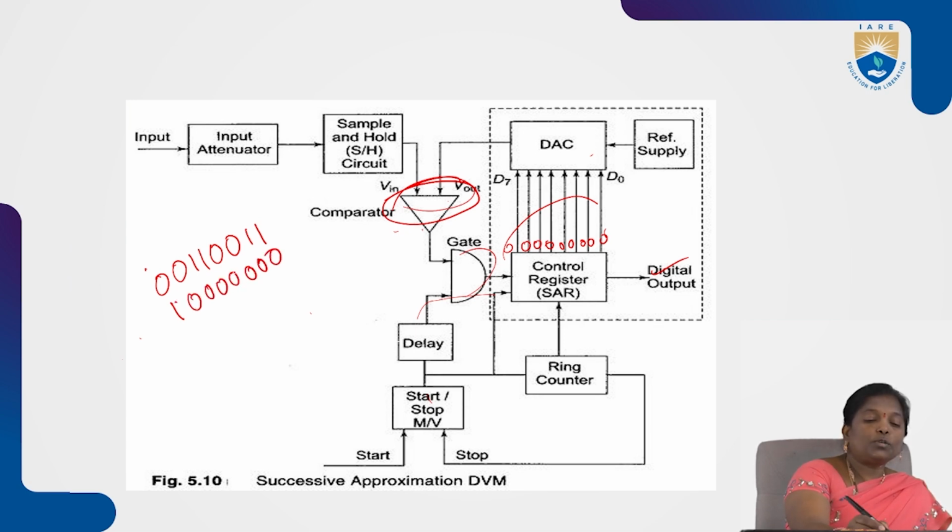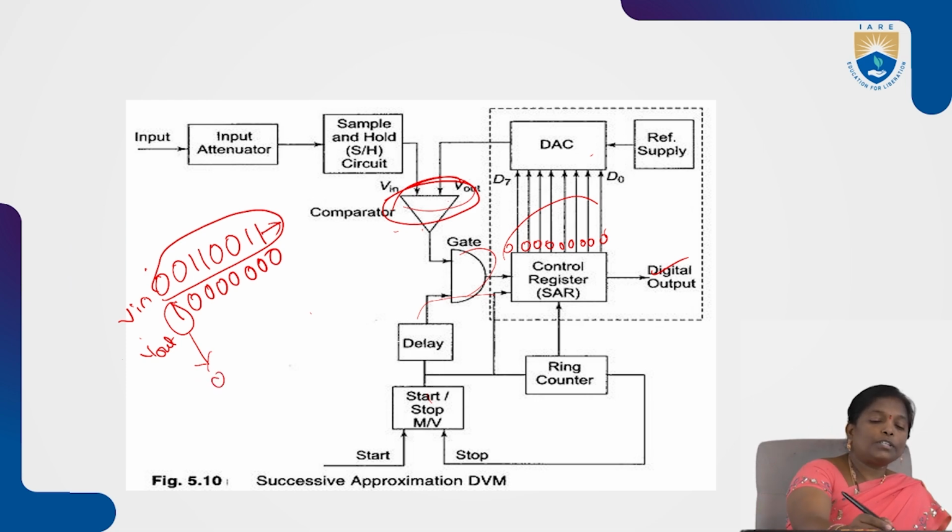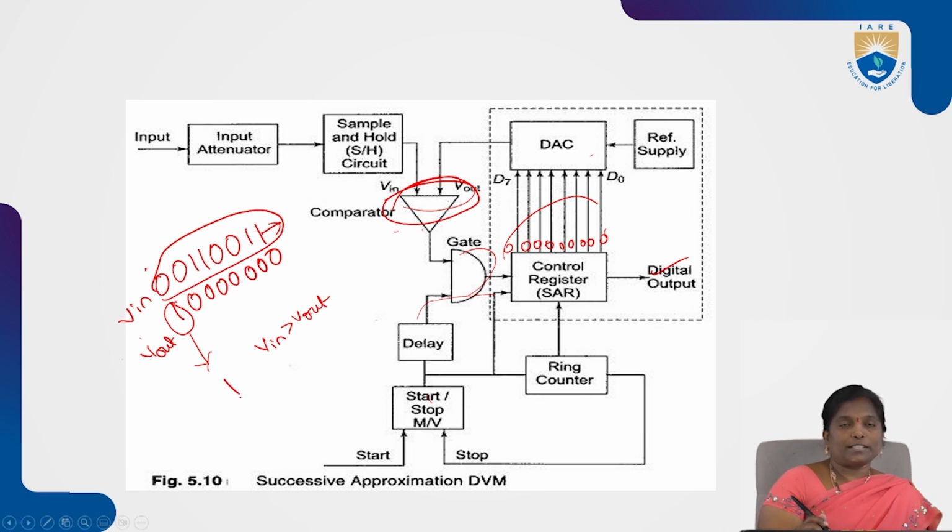This is input and this is output. If the input voltage is less than the output voltage, then we have to reset the particular bit position. If the input voltage is greater than the output voltage, we have to mark the bit position as 1, as it is.